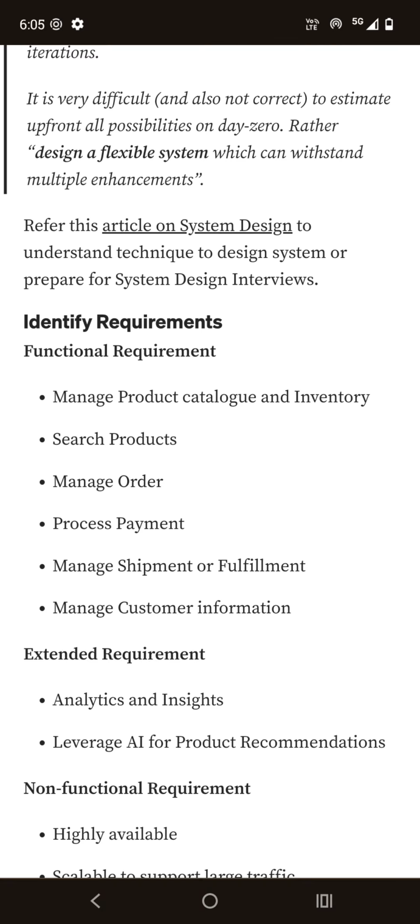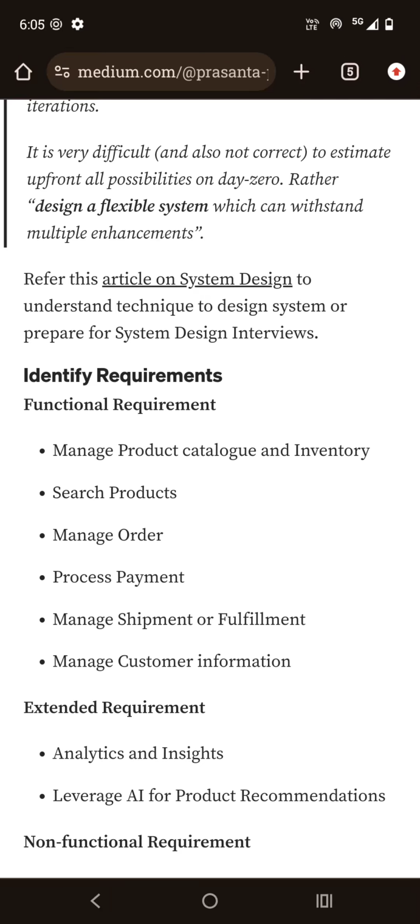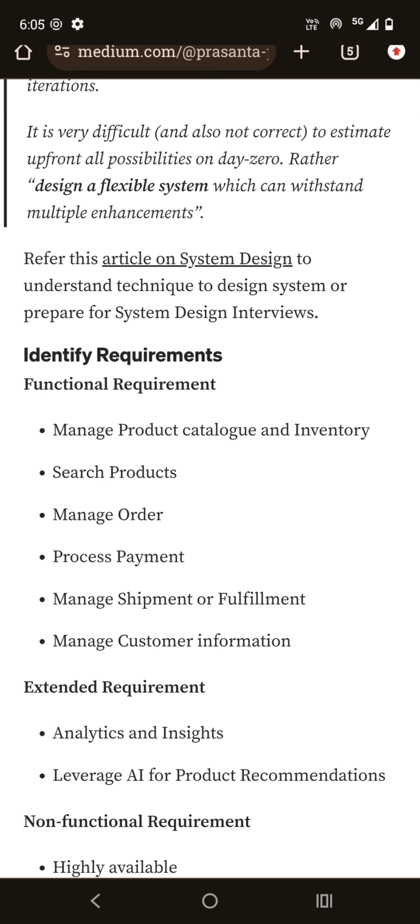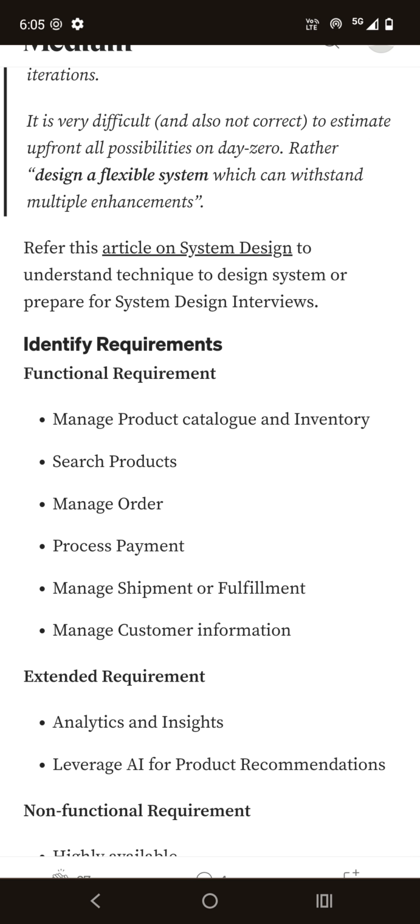Okay, functional requirements, you can see here what is the business use case. We need to come up with the modules, or the components required for building an application as per the functional requirement.